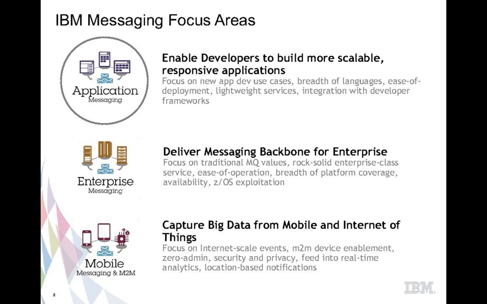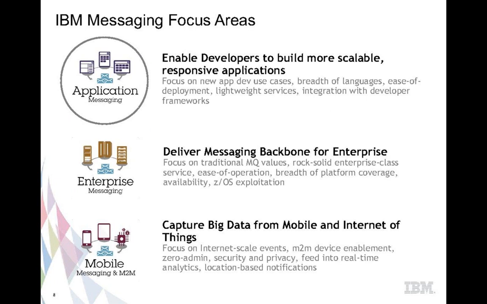The other mode that we already provide is mobile messaging and M2M. I think those of you who participated in the IoT webinar this morning will know a lot of it has been discussed there, so I will just quickly touch base on it. Mobile messaging from MQ focuses on internet-scale events, with zero administration, and provides security and privacy, feeds real-time analytics, and has location-based notifications.